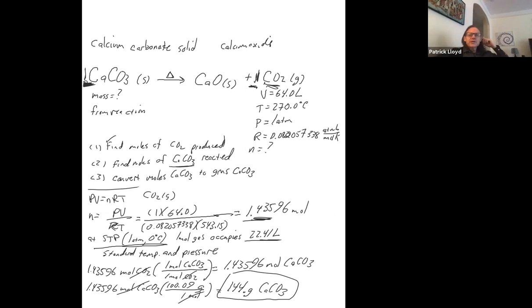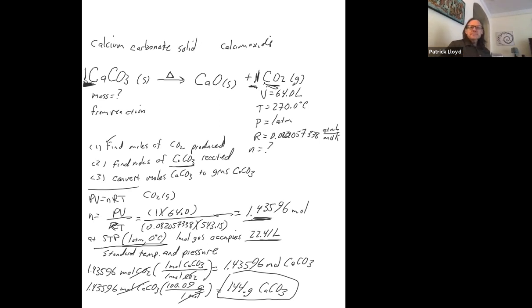So that's kind of cool. Like you're now starting to do some pretty sophisticated calculations here, right? You're like, well, this is a gas, so we're using the ideal gas law. We're looking up a constant. We're manipulating it algebraically. And then on the reactant side, it's a solid, so we're doing mole to mass calculations, and we're using this balanced equation in order to figure out the relationship between the reactants and the products. Okay, so there's a lot in that.